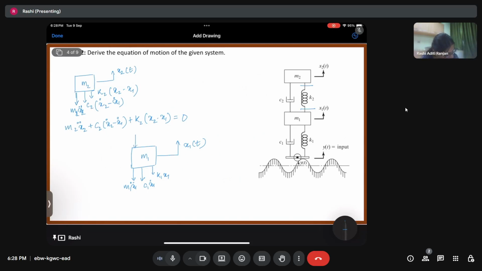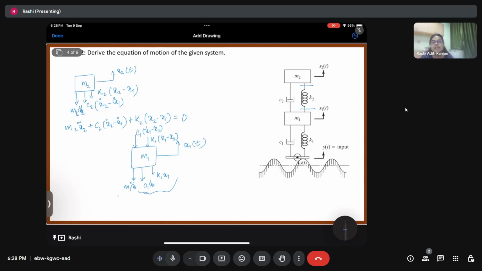So here we are going to have C2 into x1 dot minus x2 dot and K2 into x1 minus x2. So these are all the forces. Now apart from that, there is one more thing that we missed over here. See, all these equations are true for y(t) equal to 0.